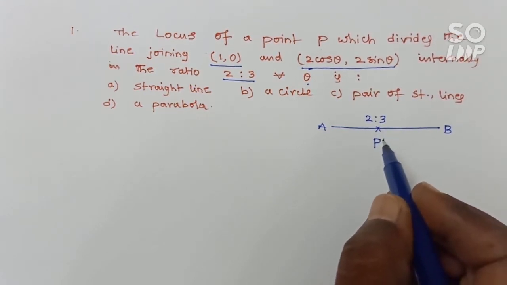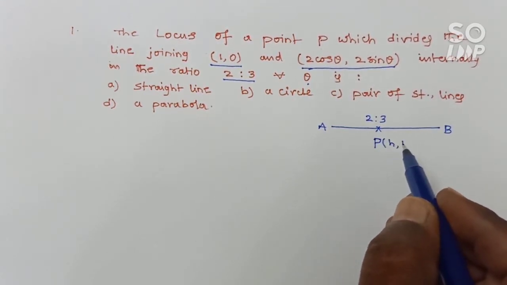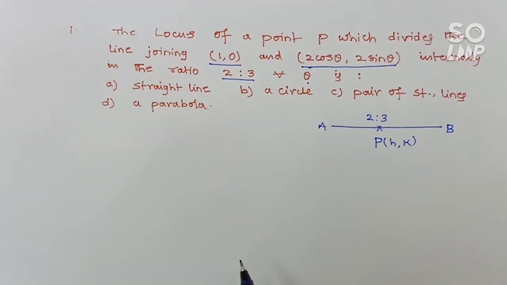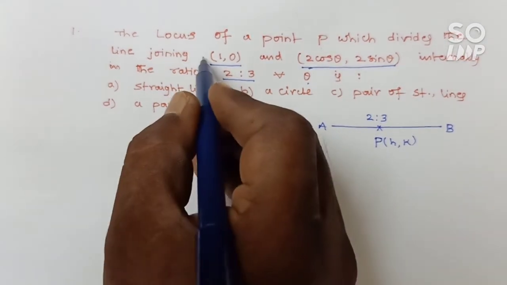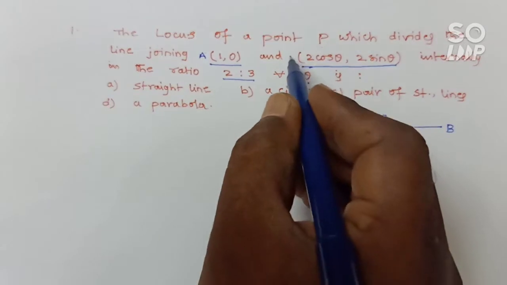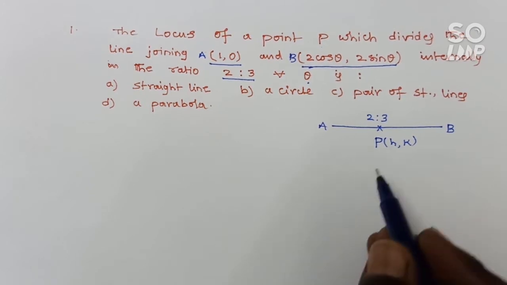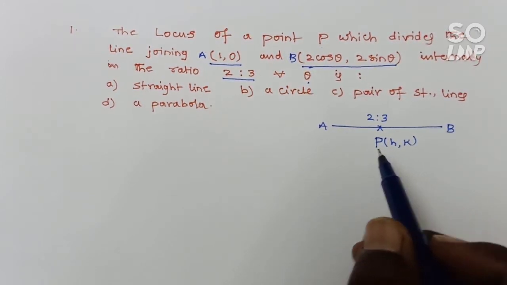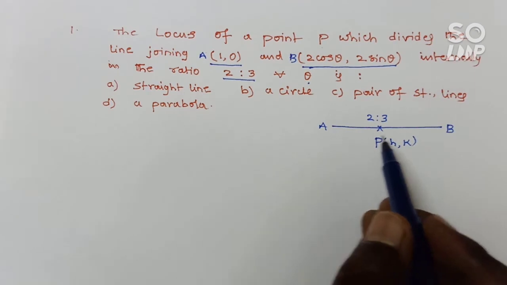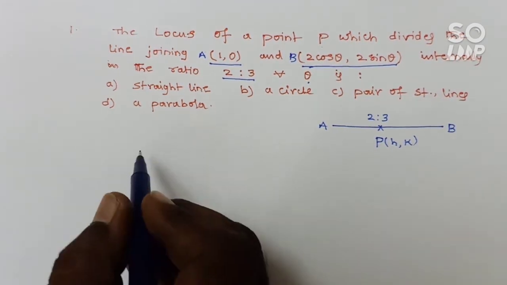So let this point be (h, k). Now A is (1, 0) and B is (2 cos theta, 2 sin theta). So what is the internal section formula?